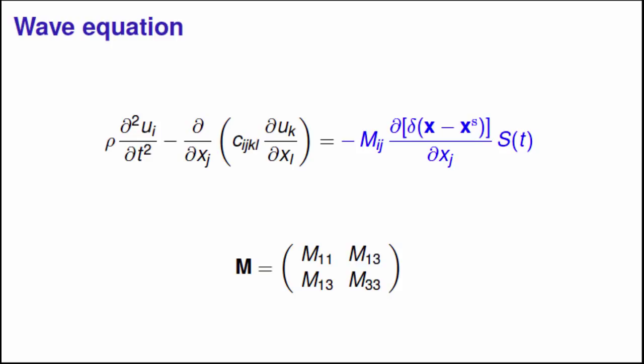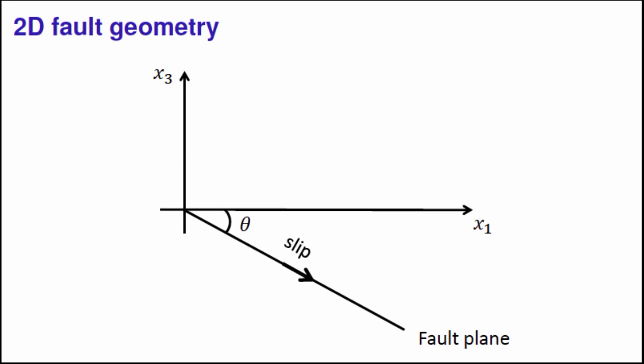That's the reason why the moment tensor has the shape that you see here, with three independent elements, M11, M13, and M33.